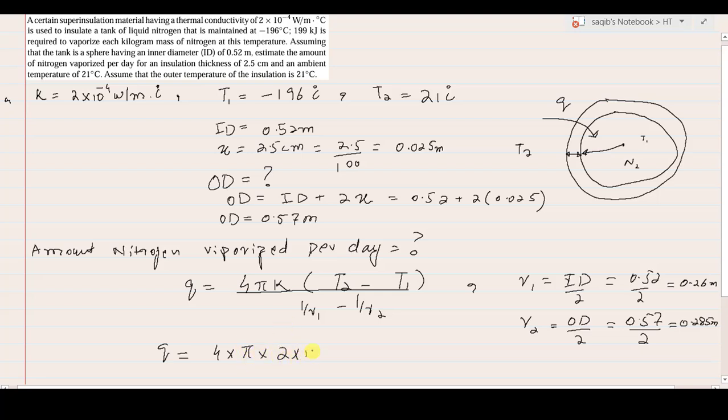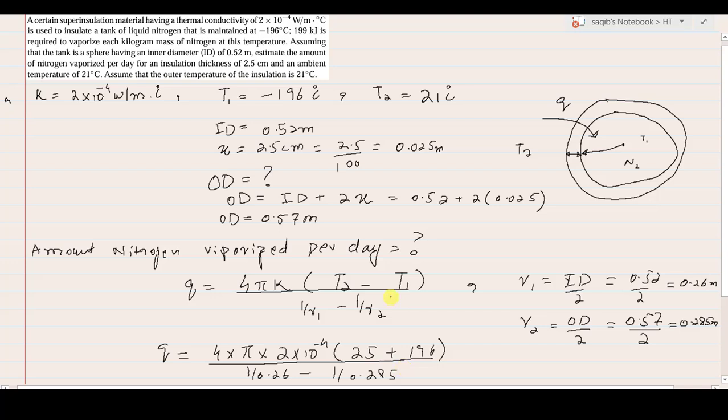What is the k value? That is 2 multiplied by 10 to the power minus 4. What is T2? That is 25. So this minus will become plus 196, and then divide it by 1 divided by 0.26 minus 1 divided by 0.285.